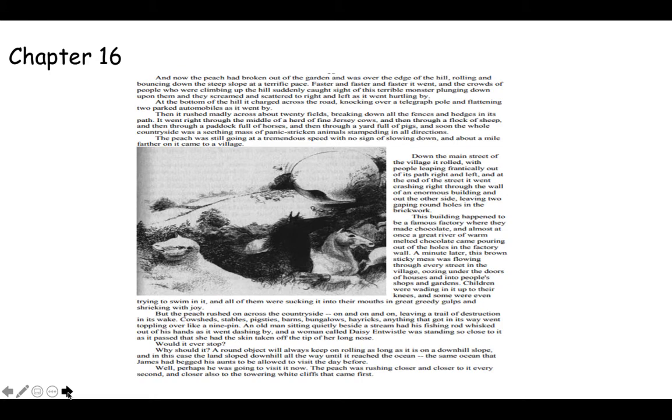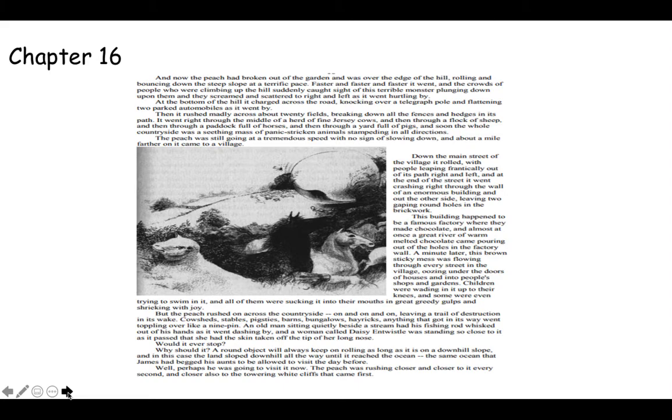holes in the brickwork. This building happened to be a famous factory where they made chocolate, and almost at once a great river of warm melted chocolate came pouring out of the holes in the factory walls. A minute later, this brown sticky mess was flowing through every street in the village, oozing under the doors of houses and into people's shops and gardens.